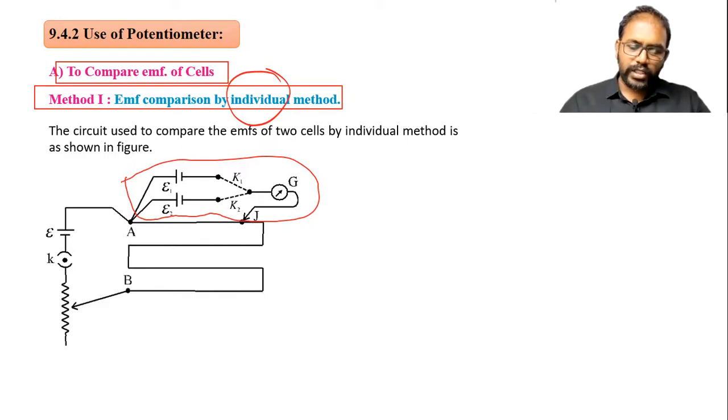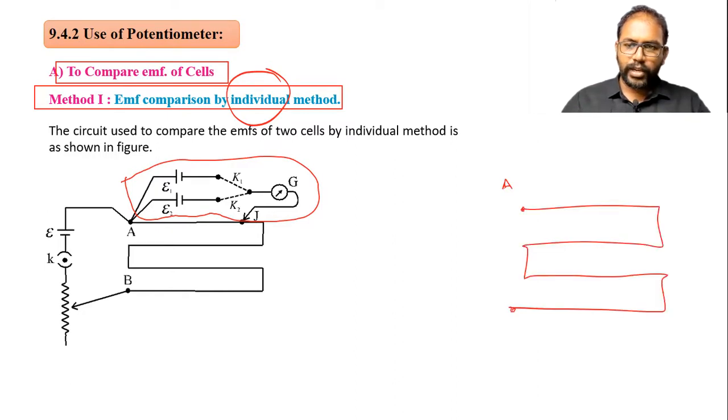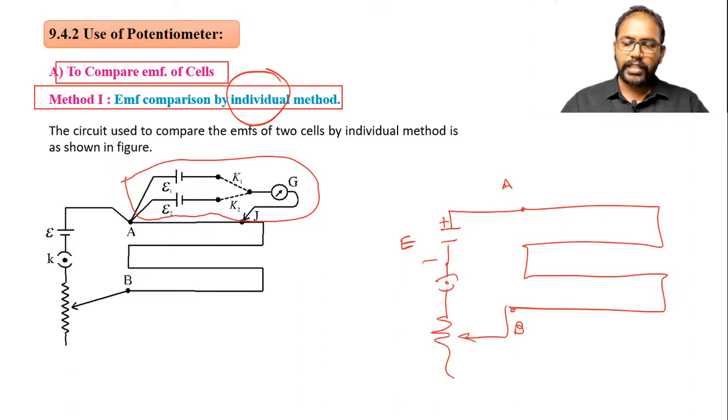We have to show a wire A, B. So this is the point B. Then we show a battery or a cell with EMF E, then a key, and then a rheostat. This part is the same. We can also join a galvanometer here, and this galvanometer is connected to the jockey. Jockey means the metal contactor. That much portion is the same in all the articles related to the potentiometer. So remember one thing here.